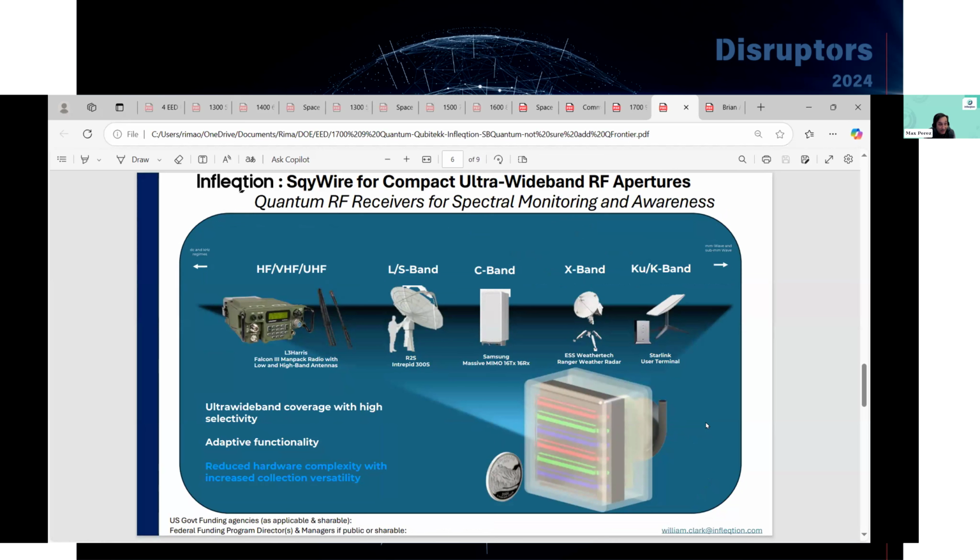This is essentially a laser-defined passive antenna system, so it's very suitable for ISR and other passive electronic warfare applications. Because it is a very compact aperture and highly tunable, it replaces bands all the way from the HF up to the K band and beyond. It's suitable for compact space applications, for things that you might think a Hawkeye 360, for example, being a part of.